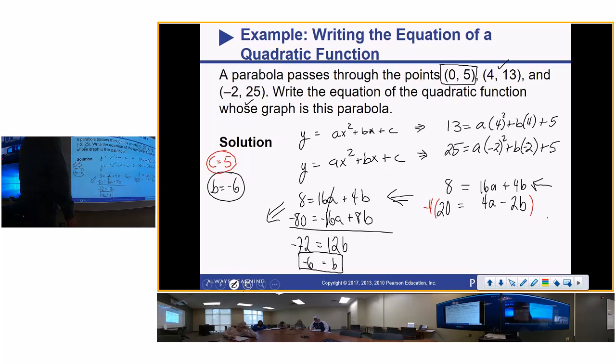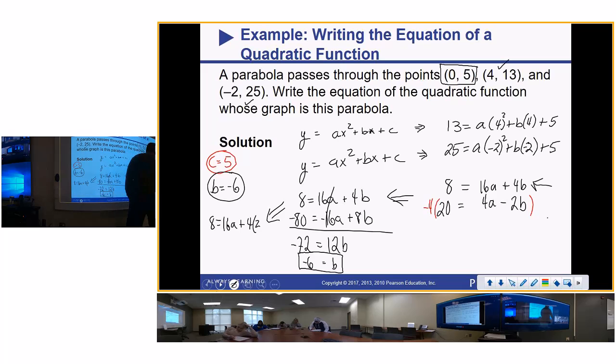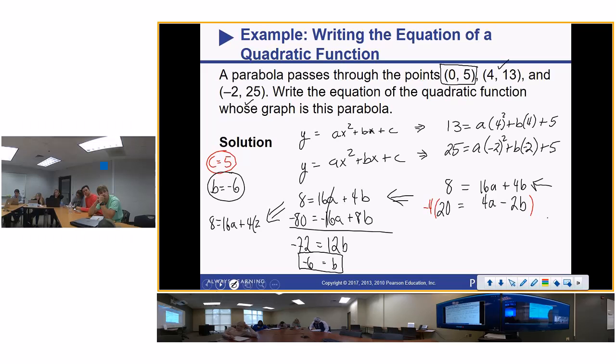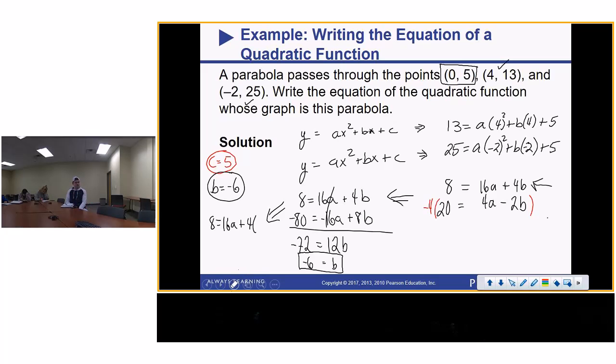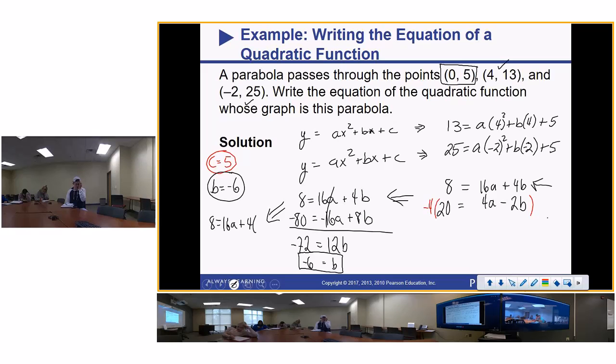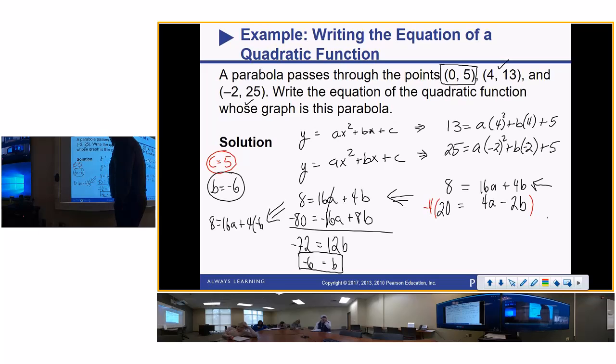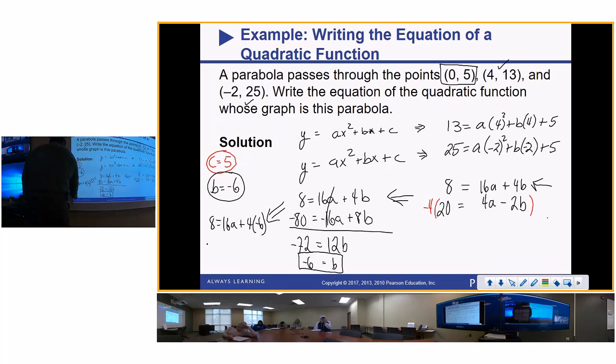I'm going to say 8 is equal to 16a plus 4 times negative 6. And negative 24, you take it over to the other side, it becomes a positive 24. And 32 is equal to 16a. A is equal to what?